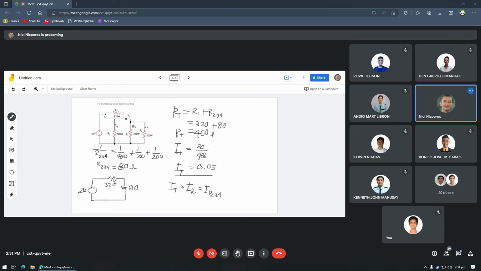So voltage across R1 is equal to I R1 times R1, which is 320.